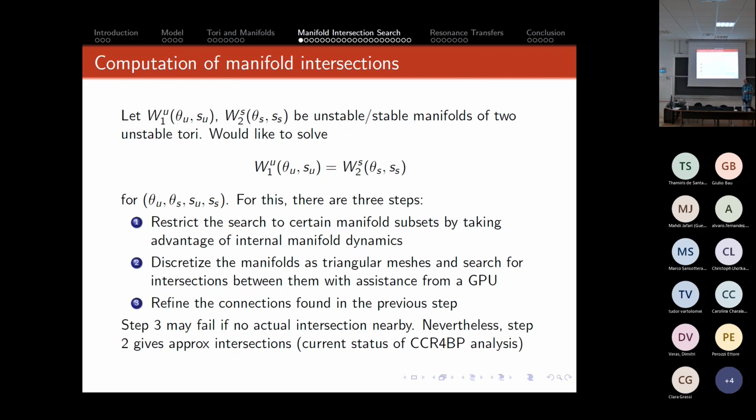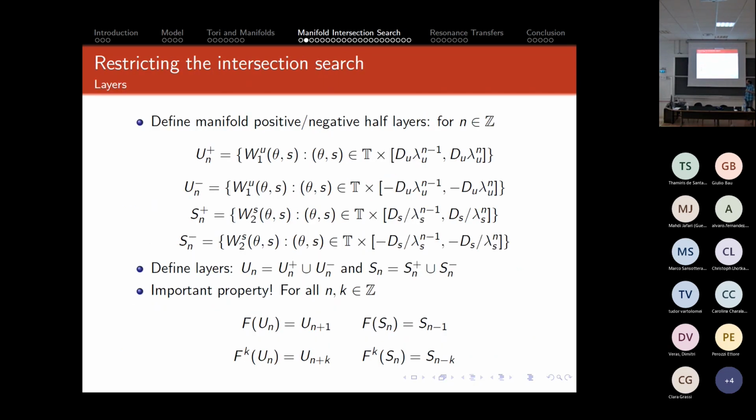And then finally, use the parameterizations to help refine the approximate mesh intersections to a true manifold intersection. And where we are right now is that we've found approximate solutions, but sometimes these approximate solutions may not actually correspond to a true solution, but they can still be useful in terms of just being near intersections, which could lead to propellant-based transfers.